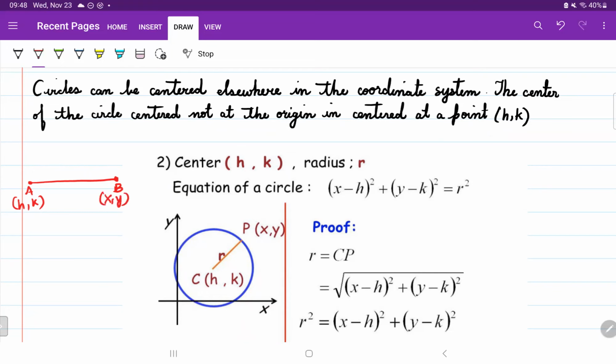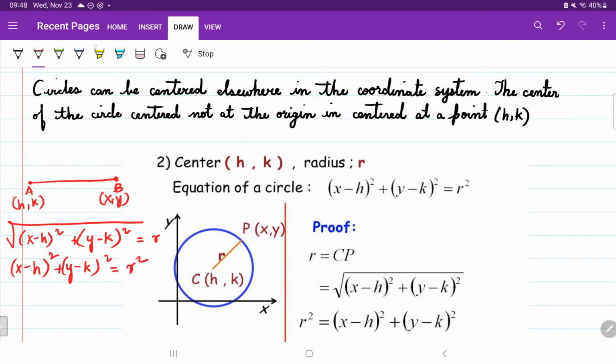Now, if you want to find the distance between these 2 points, it's just square root of x minus h whole square plus y minus k whole square equals r. So it's x minus h whole square plus y minus k whole square equals r squared. So this is the equation of the circle where the center is h, k.